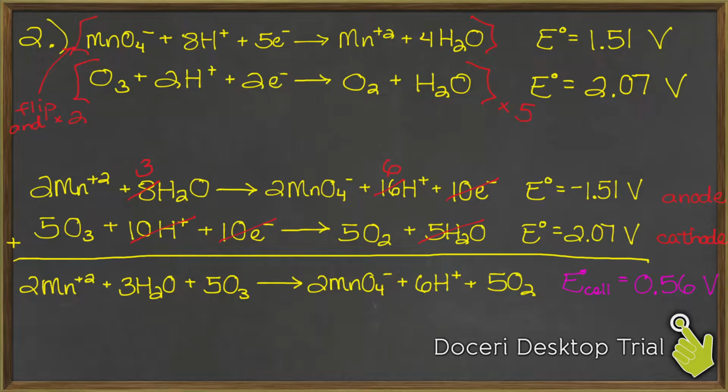In this case, both of these half cells are going to have an electrode that's made of either platinum or graphite, because in the permanganate half reaction, everything is in aqueous form. And in the ozone half reaction, both ozone and O2 are gaseous substances. So again, we'd have to use a platinum or a graphite electrode. So that's just review from last subunit.